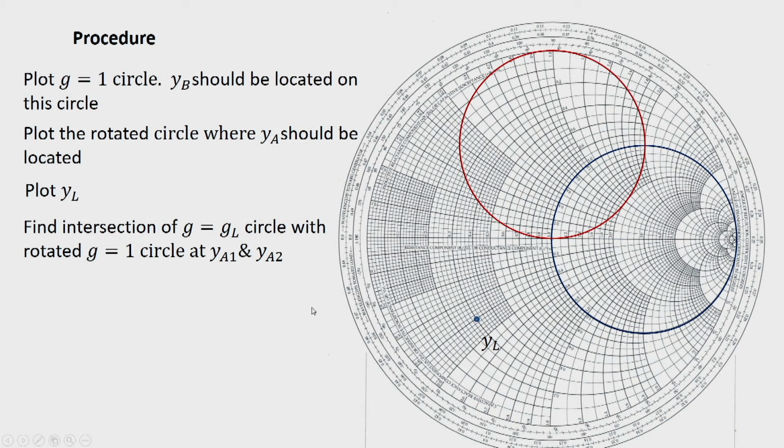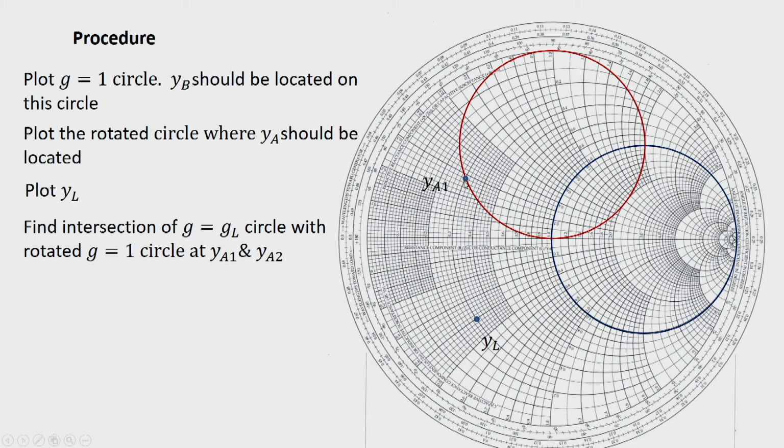So, what we do? We move across this constant g circle, which is equal to g_L, and find the first intersection point here, and this is y_A1.